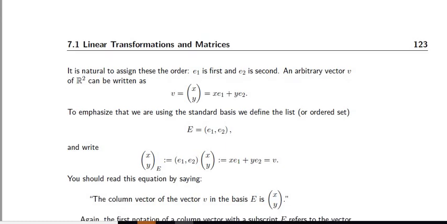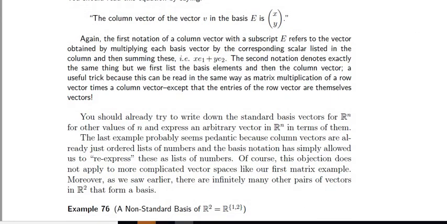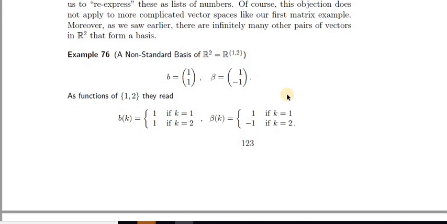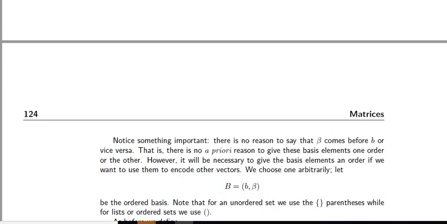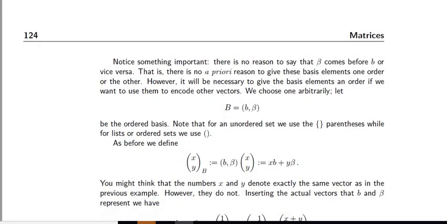Now, we can use a different basis. All right, so that's what's shown down here. If I have 2 different vectors, I can still express an arbitrary vector in R2 in terms of these 2 basis vectors. Again, we use the unified notation. xy expressed in basis B consists of the 2 vectors b and beta times xy.